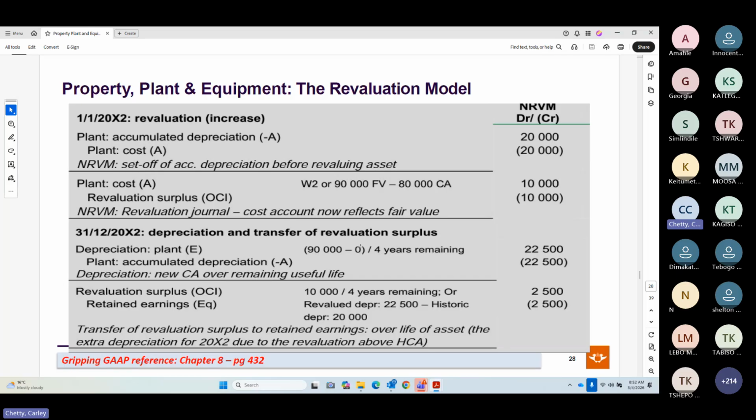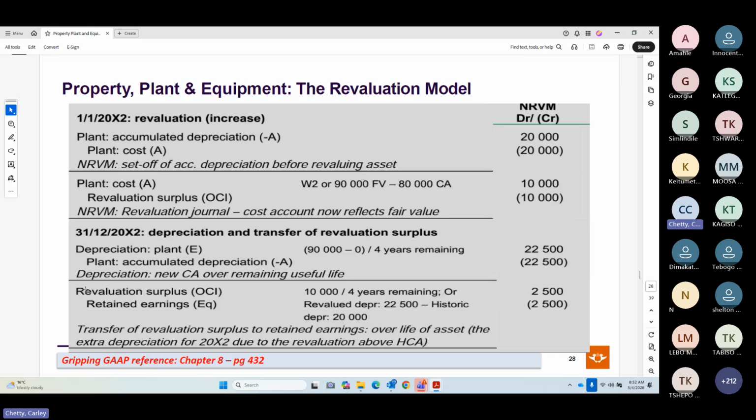Just like we worked out the depreciation and divided by 4 years remaining useful life, here we are dividing by 4 years as well. So we're taking the 10,000 divided by the 4 years, and that will leave us with 2,500 Rand. This is the transfer from revaluation surplus to retained earnings.